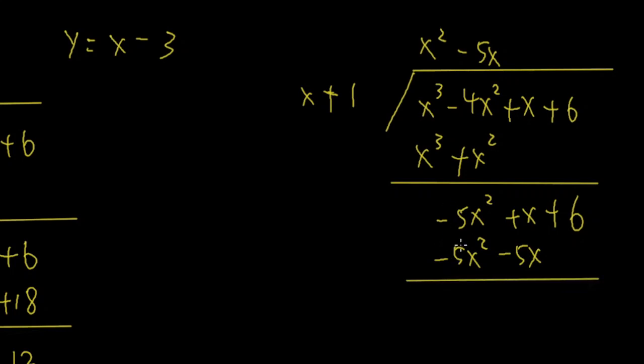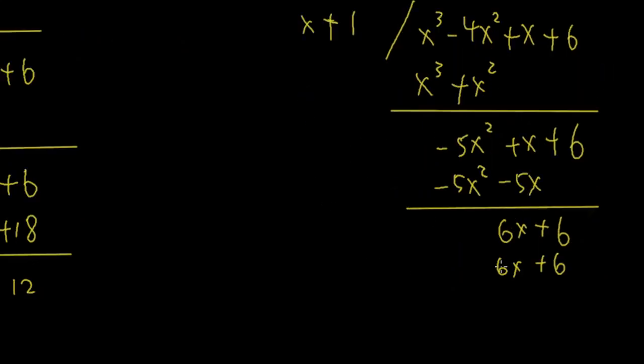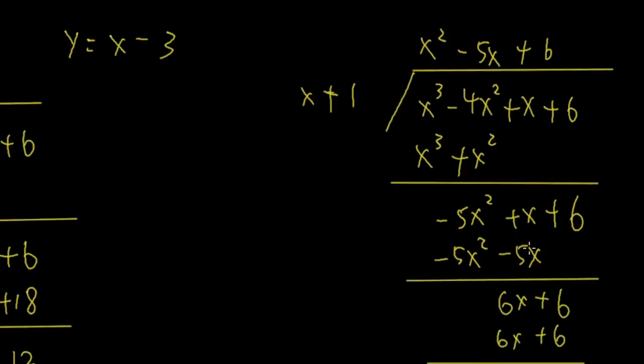This will cancel out. What I'm left with is x minus negative 5x, which is 6x plus 6. So if I plus 6 here, that will be 6x plus 6, exactly equal to 0. No remainder. That means I can rewrite this as x plus 1 times x squared minus 5x plus 6.